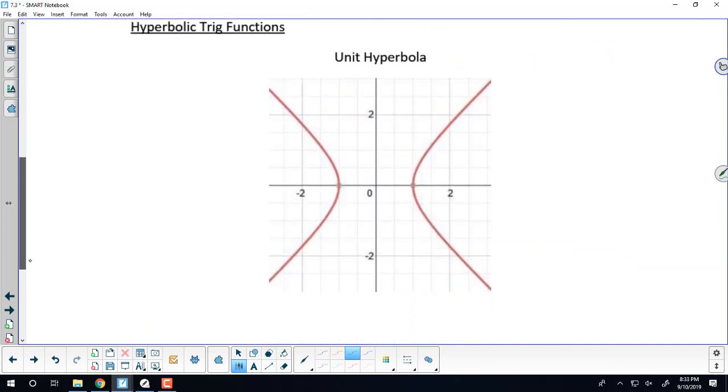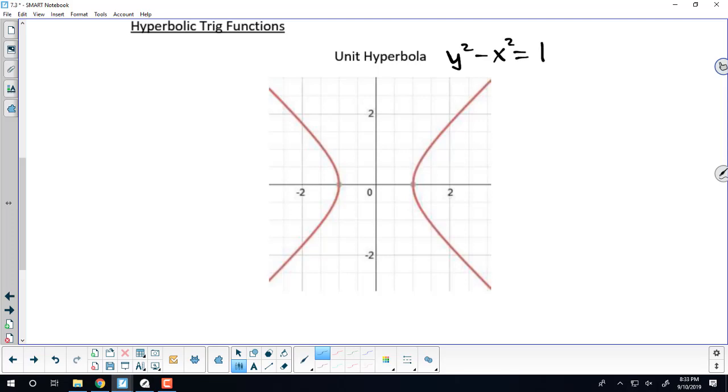The hyperbolic trig functions come from that same reasoning applied to the unit hyperbola, which opens in the y direction. So y squared minus x squared equals 1. Sorry, x is positive because it opens in the x direction. That would be the unit hyperbola opening like this.